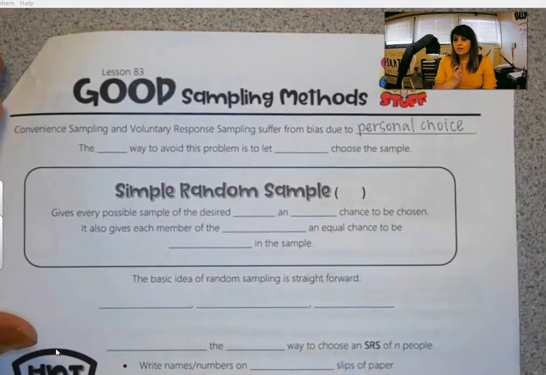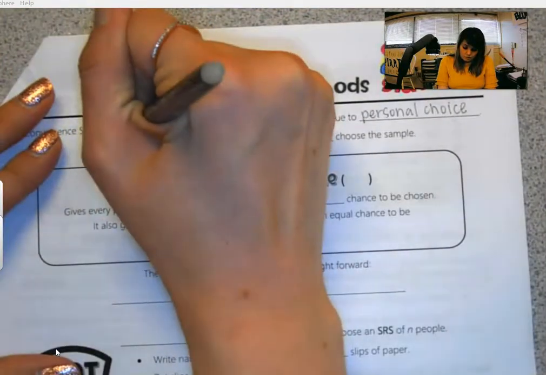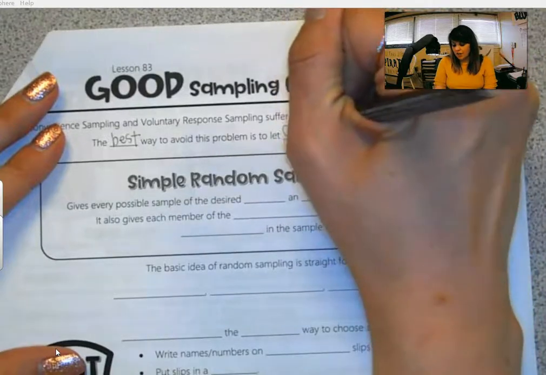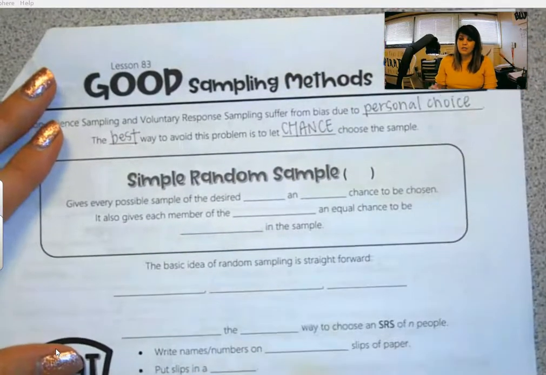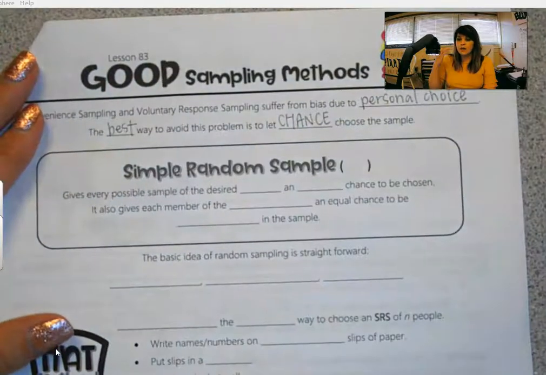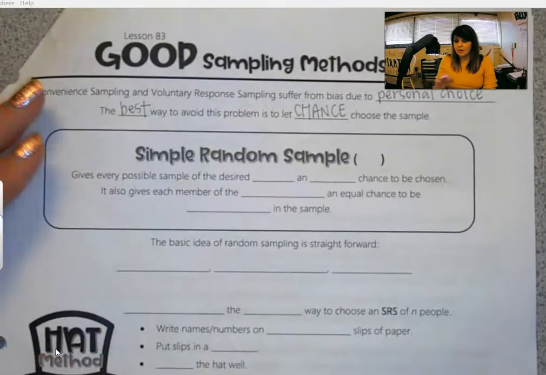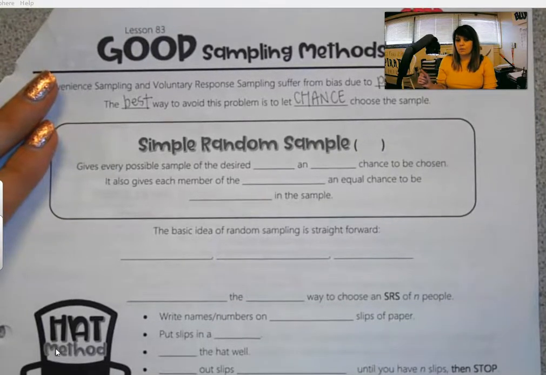So in either case, there's personal choice involved. The best way to avoid this problem is to let chance choose the sample. So take the personal, the human element out of it completely, make it objective, black and white, let chance choose your sample.